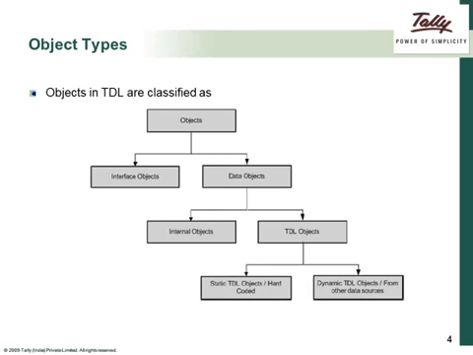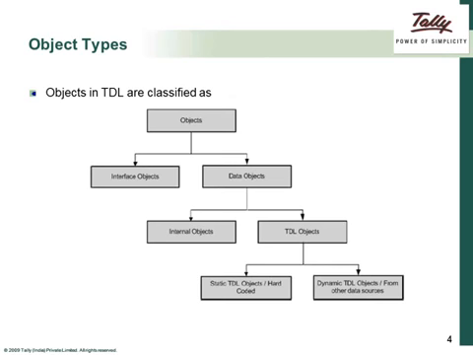So basically, there are two types of objects we classify in Tally: interface objects and data objects. The interface objects are what we did up till now. That's menu, button, table, report, form, part, line, field. All these are interface objects. And then we have data objects, basically classified as internal objects and TDL objects.